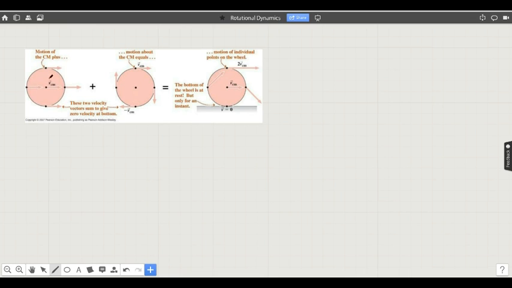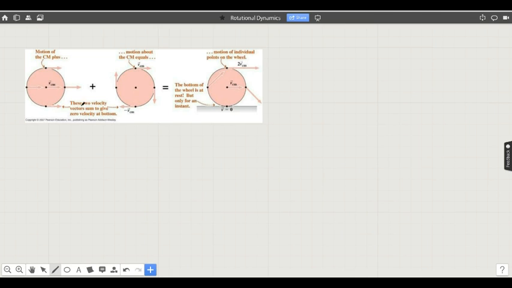We have our translational motion that looks like this, so the whole thing moving in a certain direction, plus we have this rotational motion that's going on while it's spinning or rolling along. When you combine these two together, we can see what's happening at different points along the edge of the object.